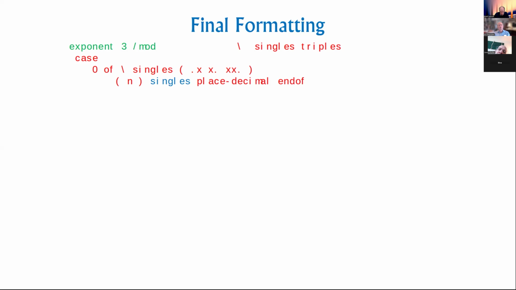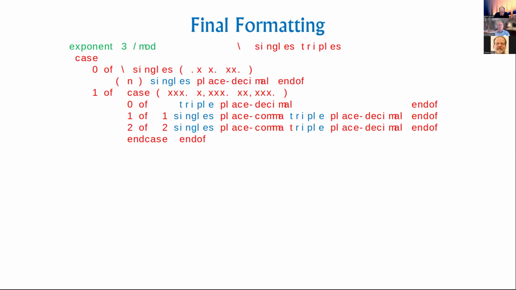And the N is in parentheses because it's on the stack. Remember, we've done the triples and singles conversion. The triples has been accepted, and that leaves the singles number on the stack. That's passed to the word singles. And then at this point, we then place a decimal point. So this is the case for a number less than 100.